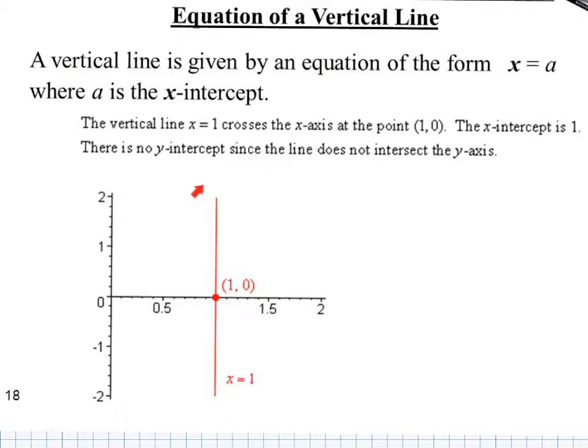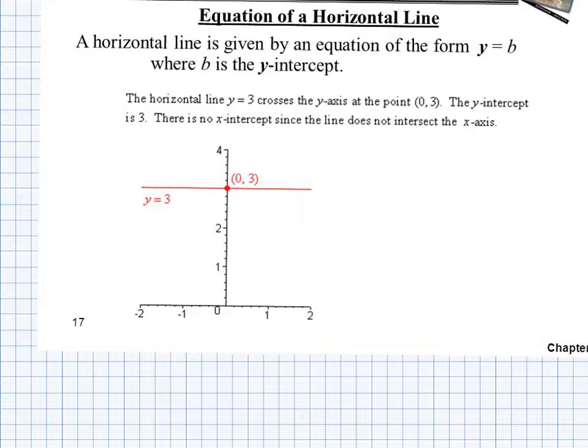There is no y-intercept since the line does not intersect the y-axis. So you can see here that x equals 1 and the vertical line is crossing right there. We would say this has one x-intercept and no y-intercept because nothing is crossing the y-axis.